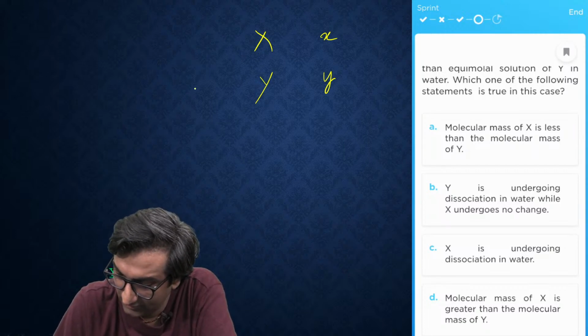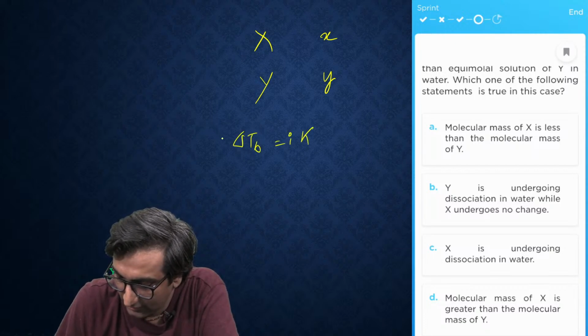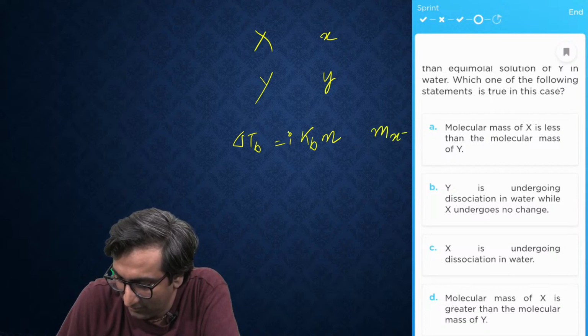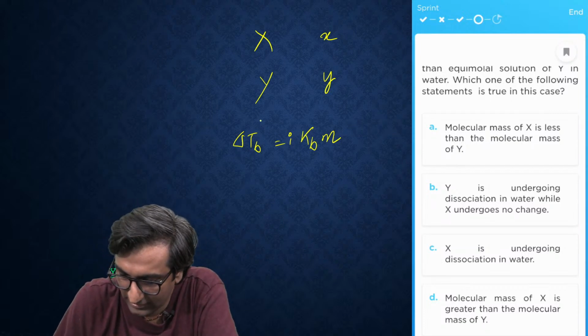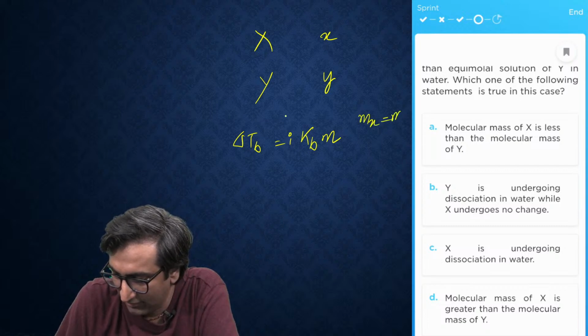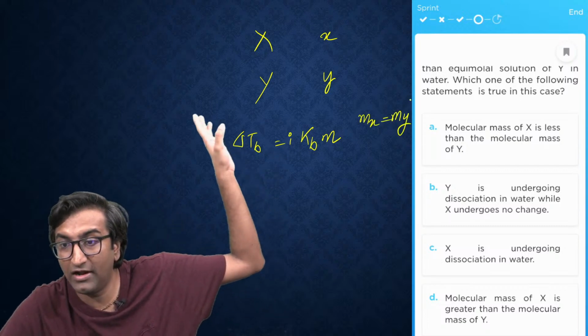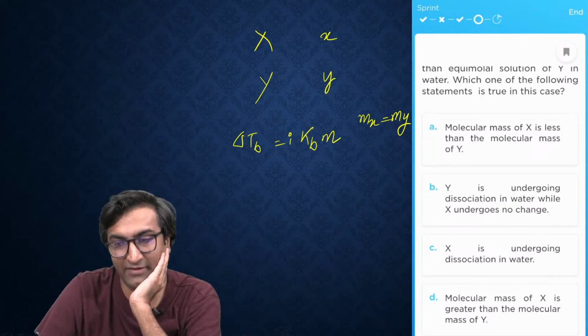That's interesting, right? What is boiling? Delta Tb is i Kb times m. Now they've said that mx equal to my. अगर ये दोनों सेम है, थोड़ा कट रहा है, right? Let me write that again. This is given, right? Because it says equimolar solution. सबसे ऊपर equimolar लिखा है. Same molarity. Molality same होगी.